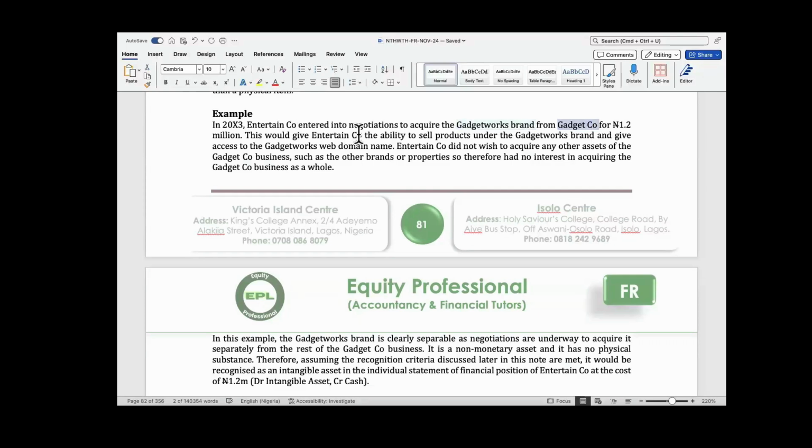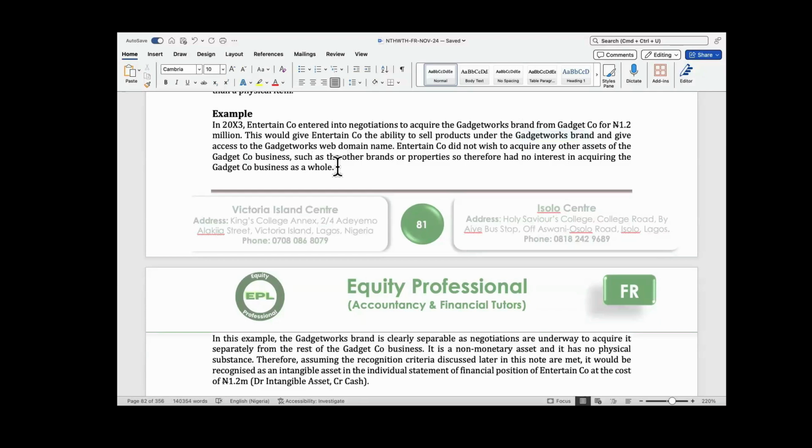This will give Entertain Co. the ability to sell products under the Gadget Works brand and give access to the Gadget Web domain name. Entertain Co. did not wish to acquire any other asset of the Gadget Co. business, such as other brands or properties. So therefore, it had no interest in acquiring the Gadget Co. business as a whole.